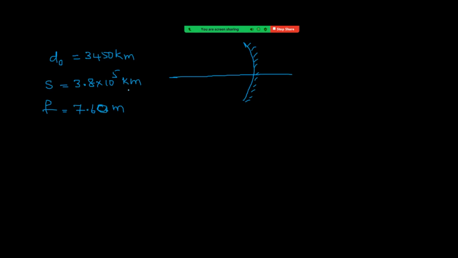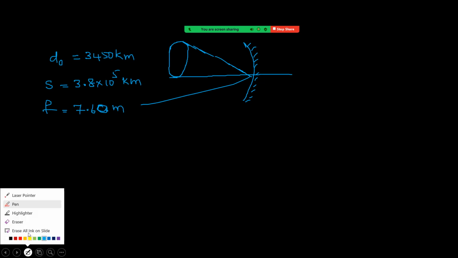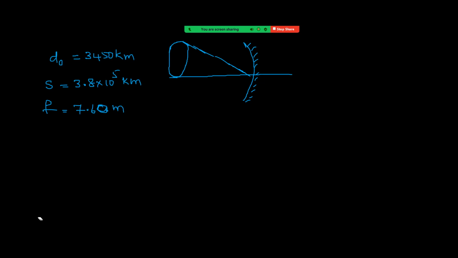It is large. When the distance of the object is large from the mirror, rays are parallel. But these rays are not parallel to the principal axis. So I'm taking here a parallel beam. This is the moon. Rays coming from the moon are, in fact, parallel because the separation is very large. Now they reflect. So the distance is very large.